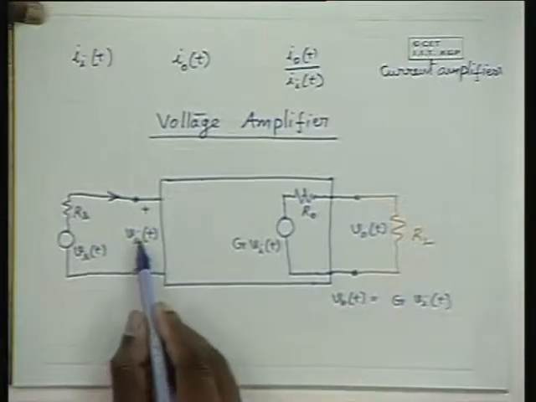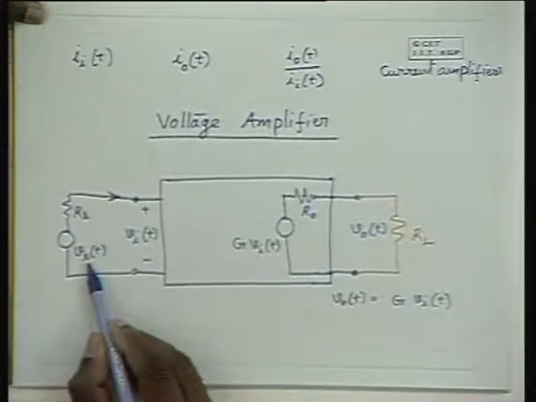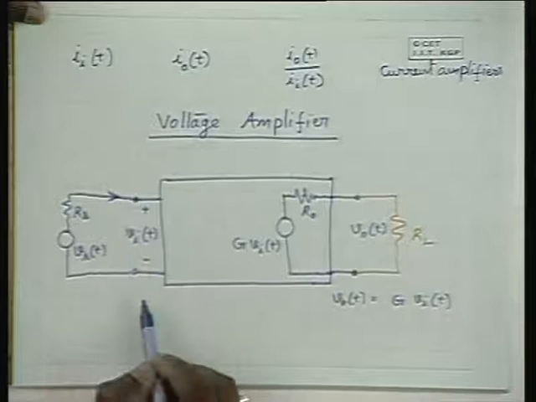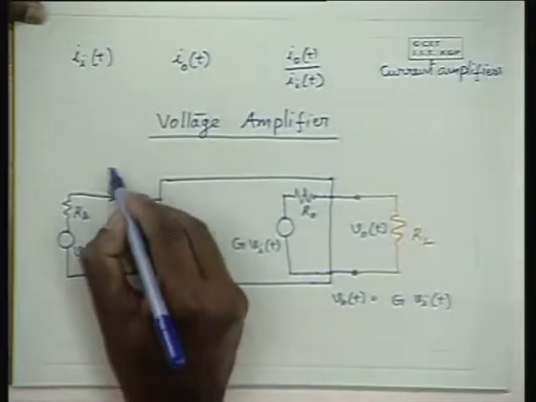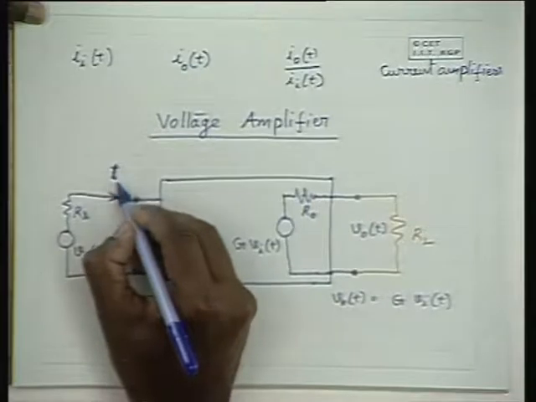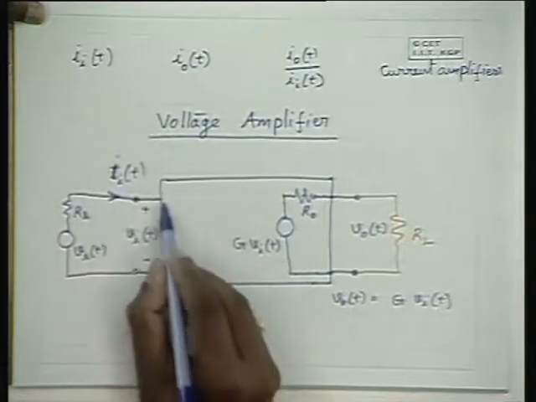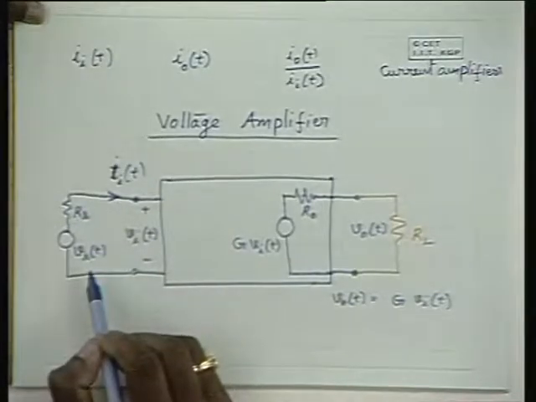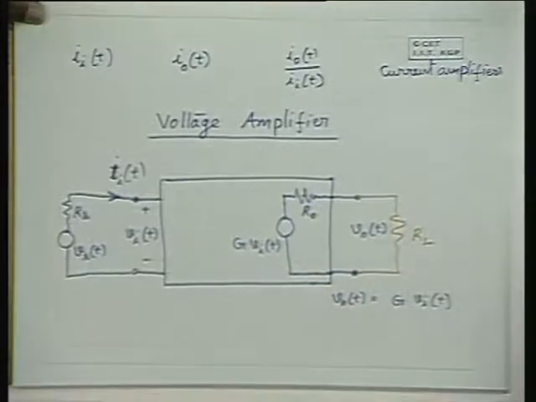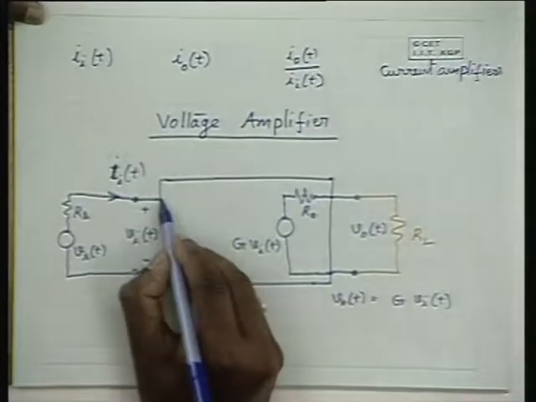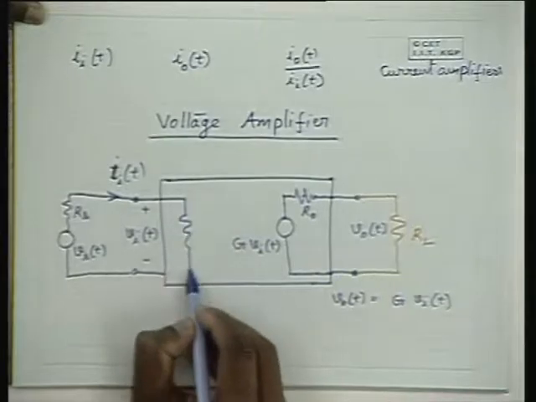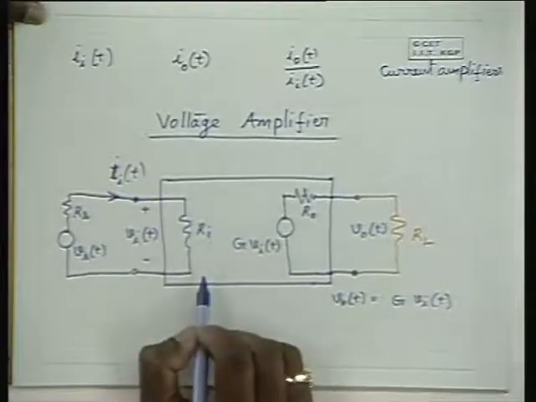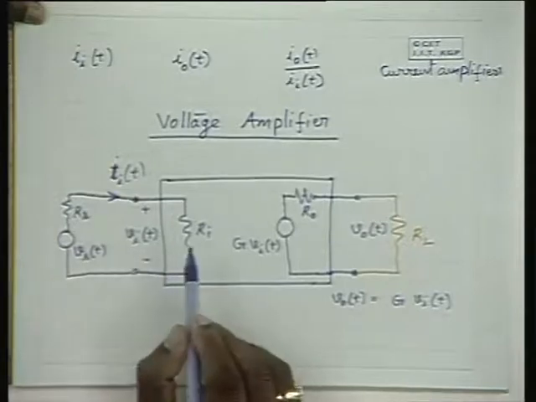Now how much does it drop from VST? It naturally depends on how much current is drawn from the source, and that depends on how much the amplifier loads the source. Therefore, as far as the input side is concerned, the amplifier acts like some load resistance to the input source.